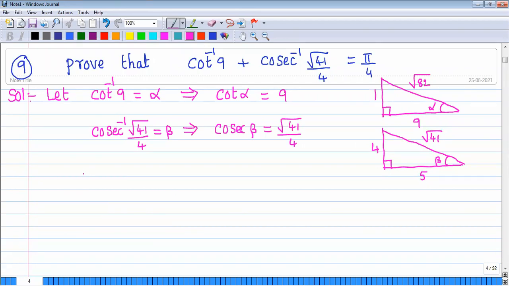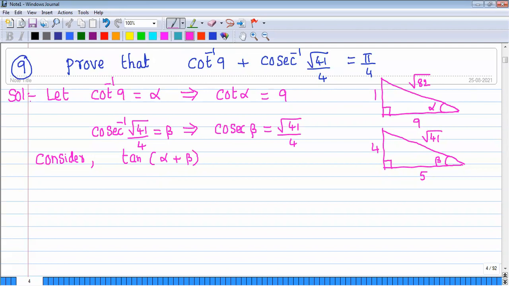So now consider tan of alpha plus beta. Why should we consider it? We need to prove alpha plus beta is equal to pi by 4. So it is enough to prove that tan of alpha plus beta is equal to 1. We need to check whether we get tan of alpha plus beta equal to 1 or not. Now, what is the formula for tan of alpha plus beta?